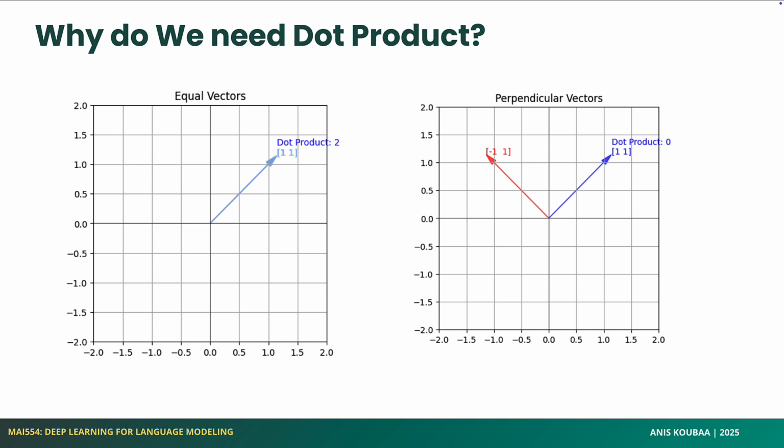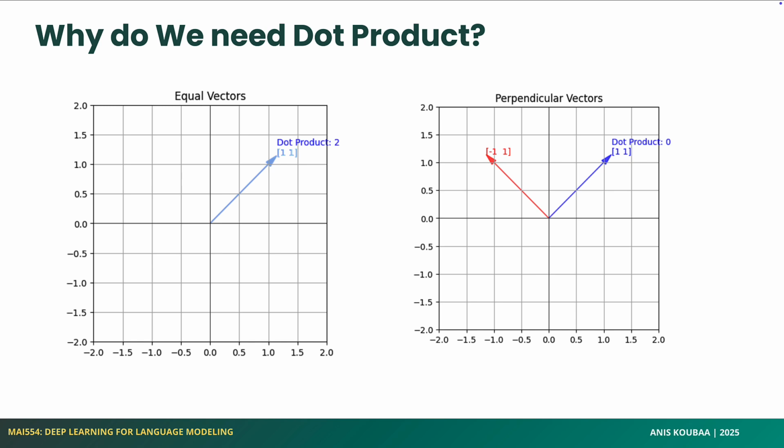Orthogonality in linear algebra means they are completely different. The angle here is 90 degrees, which makes the cosine 0, and the dot product is related to the cosine of unit vectors.